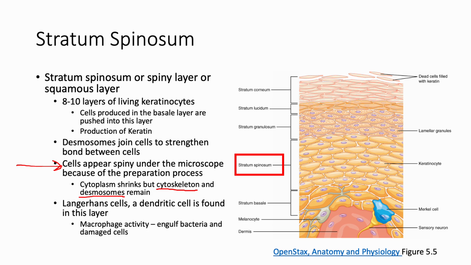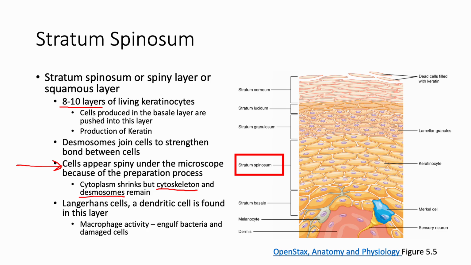Now, stratum basale had one layer. Stratum spinosum is going to have more than that, about 8 to 10 layers, and these are still living. So stratum basale are the stem cells. They're dividing, and then they're sort of pushing cells up. In this next layer, we have living keratinocytes. They are eventually going to produce keratin, right, for our epidermis.